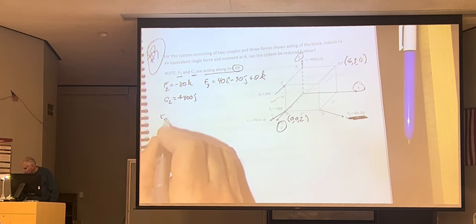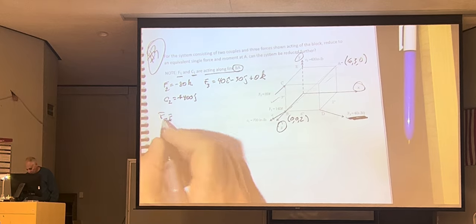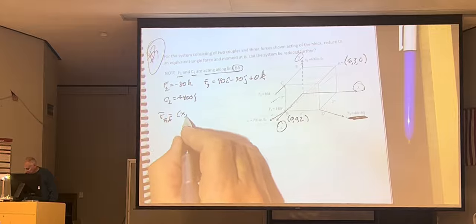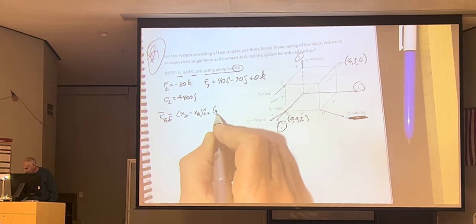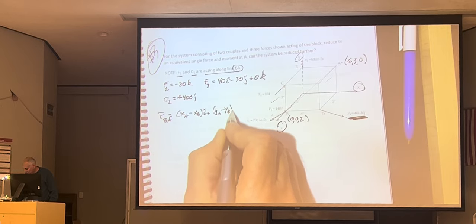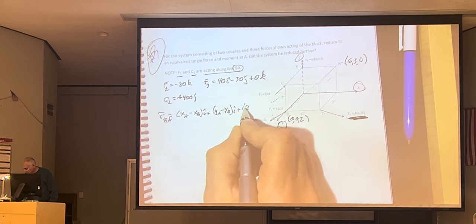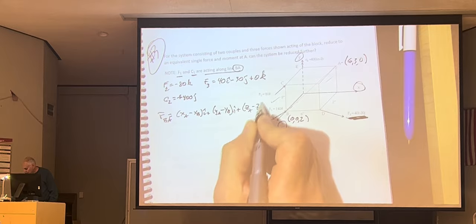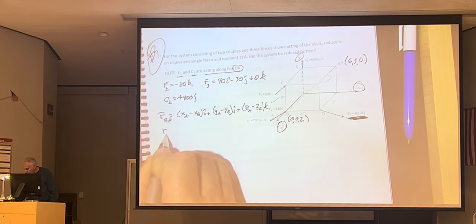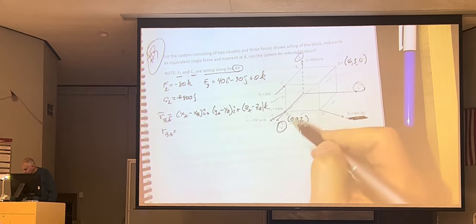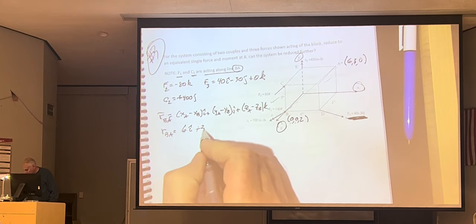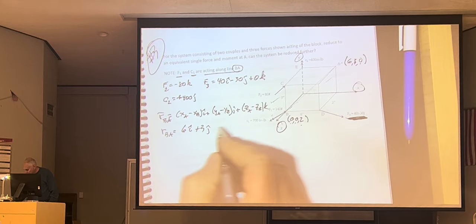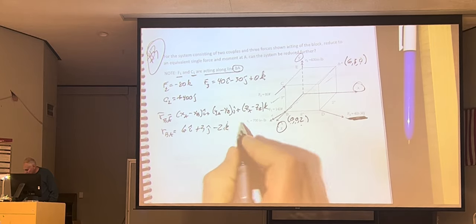R_BA is XA minus XB i plus YA minus YB j plus ZA minus ZB k. That is R_BA equal to 6 minus 0, 6i, 3 minus 0, 3j, 0 minus 2, minus 2k.